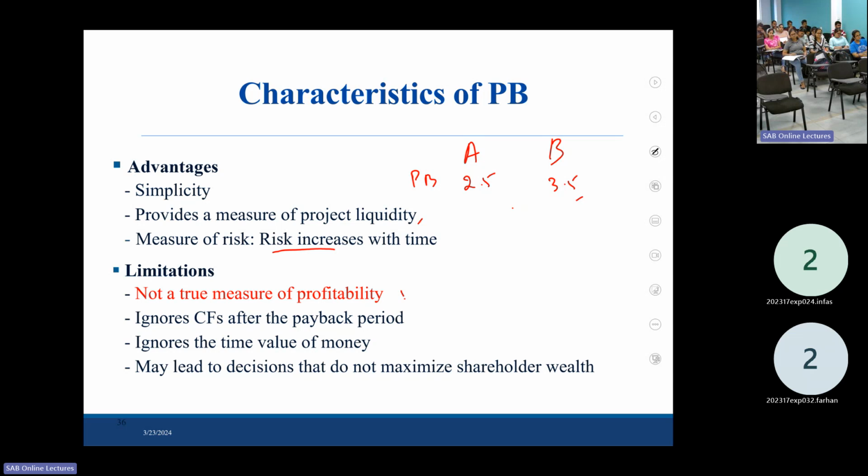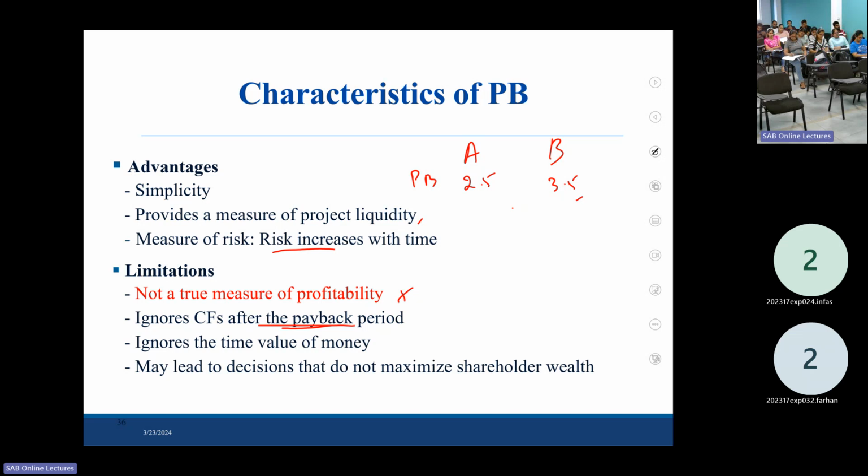This is a major limitation of the payback period. It doesn't show the overall effectiveness of the project. It is not a measure of profitability, and it ignores the cash flows after the payback period. Even if you calculate the discounted payback period, it also ignores the cash flows after the payback period.